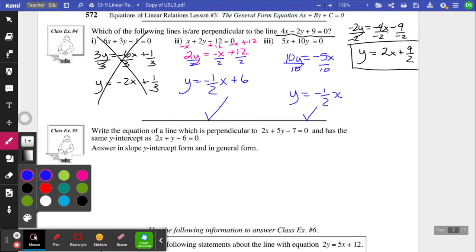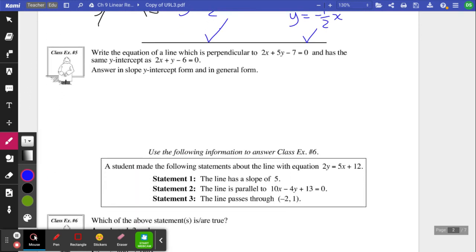Good question. When it says write the equation that's perpendicular, I wish I knew the slope of that line, because perpendicular is talking about slope. Can you tell the slope from that equation? No, but you could if you rearranged. So let's rearrange.